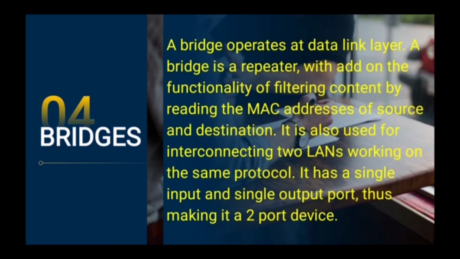For example, if I need to send a message from my computer to your computer, I have all these devices at my end, and you must also have all these devices at your end. It is also used for interconnecting two LANs working on the same protocol. It has a single input and single output port, thus making it a two-port device because it connects the different networks.